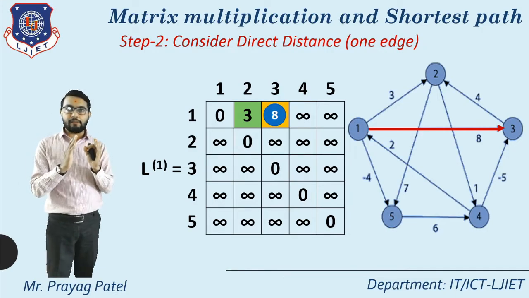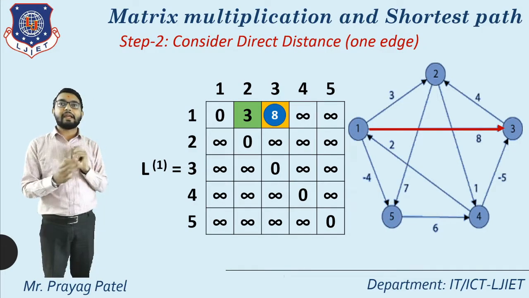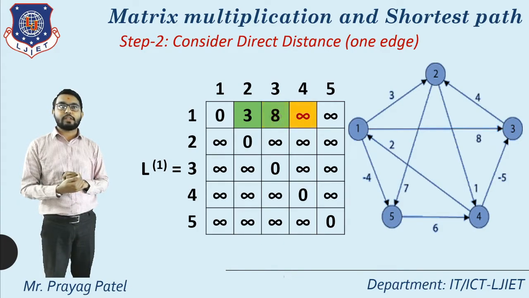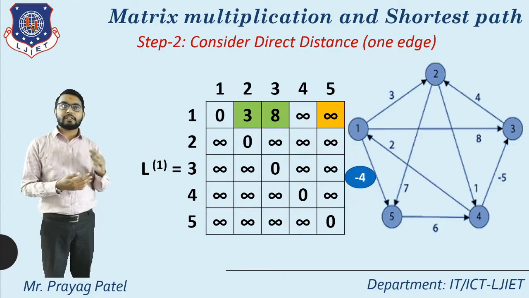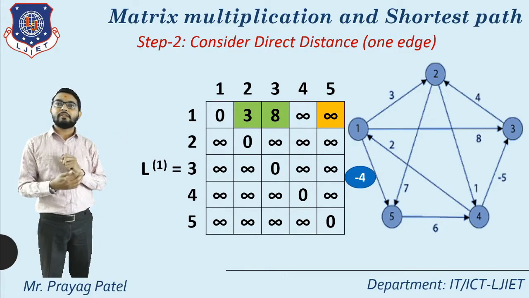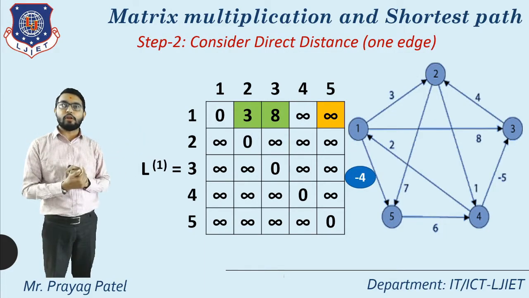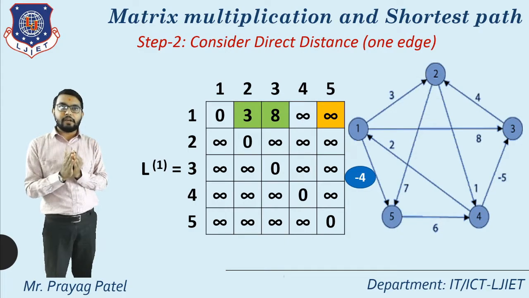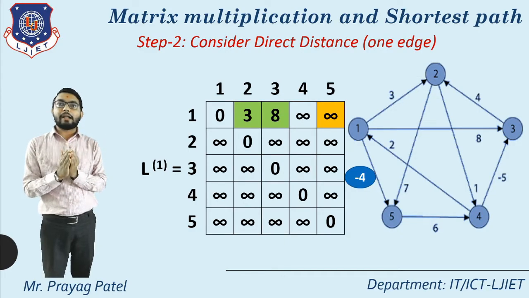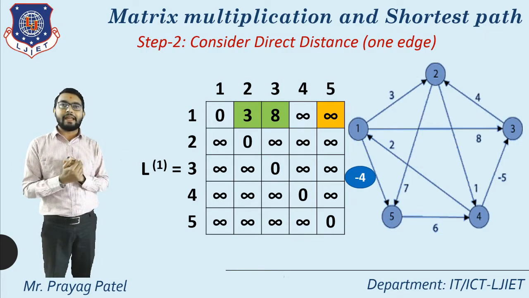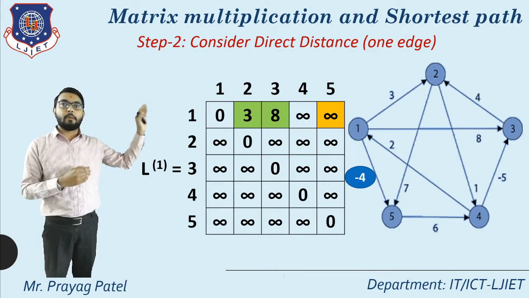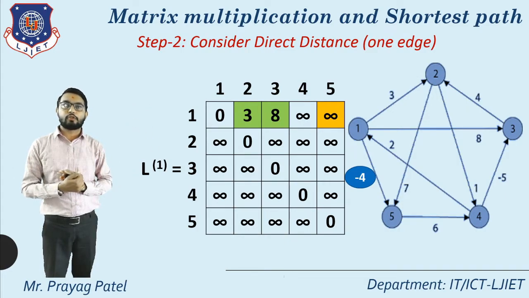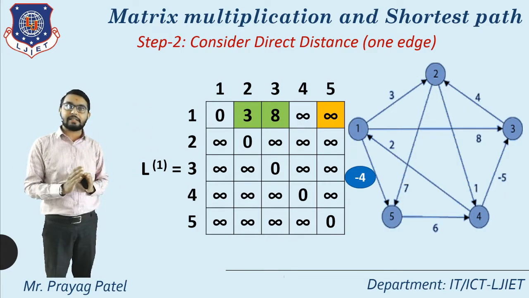According to this you can fill the table for the direct distance. So here consider next location 1,4. Already given data is infinity. Now distance from 1 to 4 equal to infinity, because there is no path from node 1 to node 4. Direct path is not available from node 1 to 4. Here the path is from 4 to 1, not 1 to 4. So keep infinity as it is.